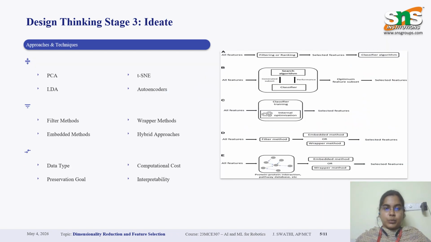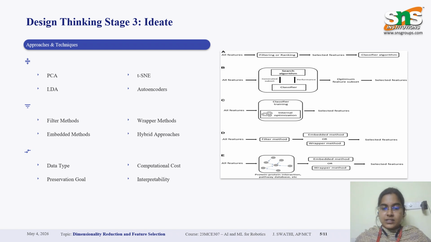Before getting into the approaches, we need to know the key concepts and techniques. Dimensionality reduction techniques include feature selection and feature extraction, reducing the number of random variables under consideration. Feature extraction creates new, fewer and more informative features from the original ones by merging or projecting them into a new space.